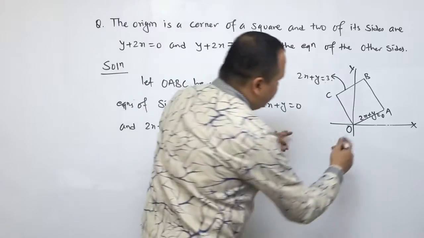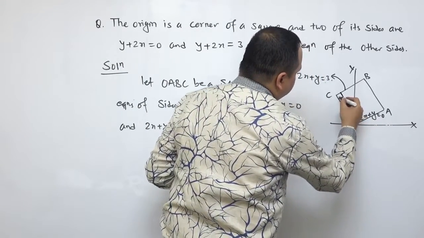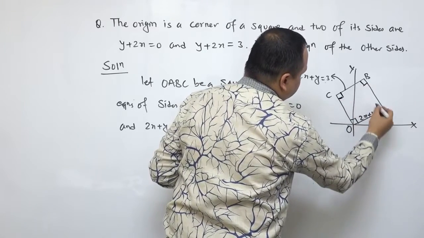Since OC is perpendicular to OA. Similarly, C 90, B 90, A 90.